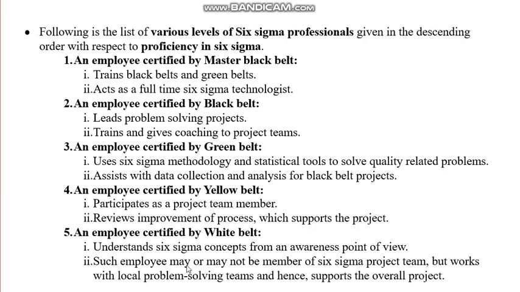They may work for the team or they may not work for the team. But because they are aware, they will be able to support the overall project, though they may not be actively involved in the Six Sigma. So such people are white belt. Okay, so this is how the certification of Six Sigma professionals is.